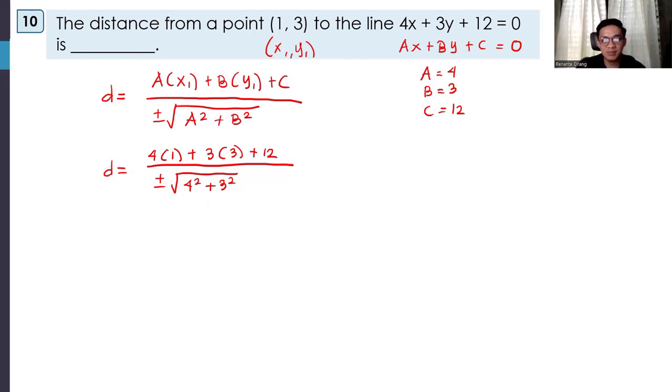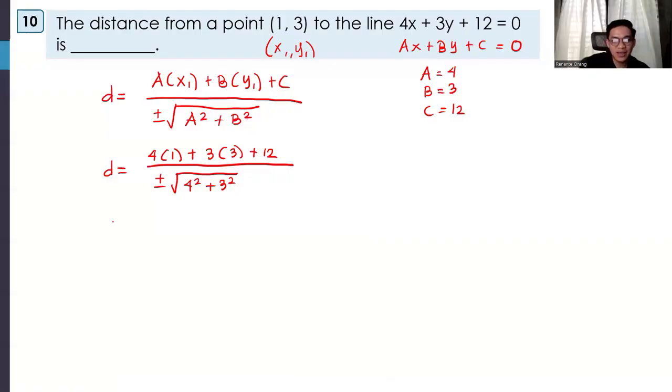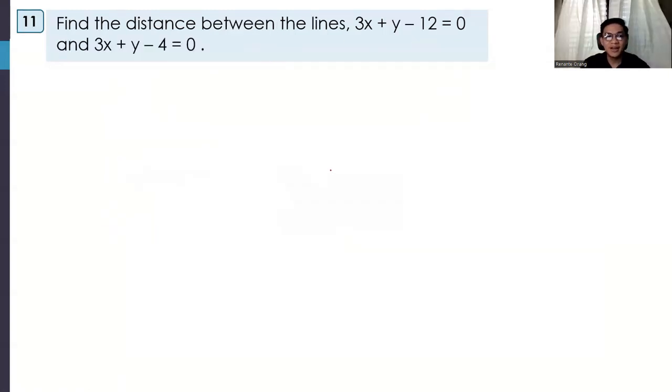And let's input everything in our calculator. 4 multiplied by 1 plus 3 times 3 plus 12 divided by the square root of 4 squared plus 3 squared. So our distance from our point to our line is 5. Let's write, we have D is equivalent to 5. That is our answer.